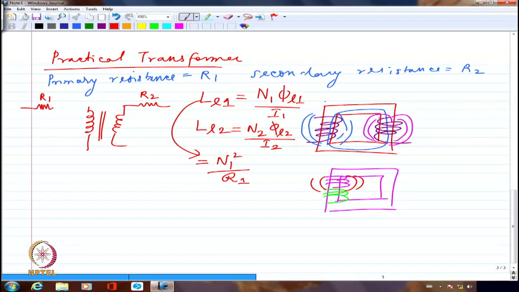Similarly, for the other case, it will be N2 square by R2, where R2 will correspond to the secondary air gap reluctance path. And please remember that this reluctance is along the air gap, so that is not going to change.